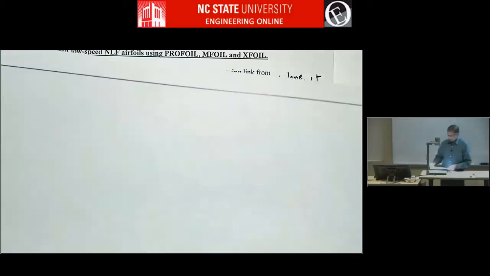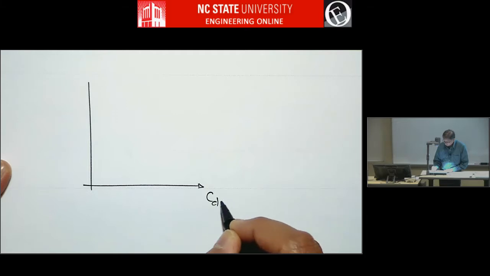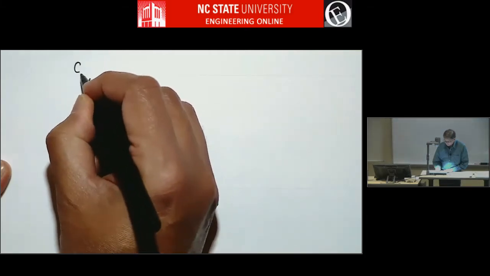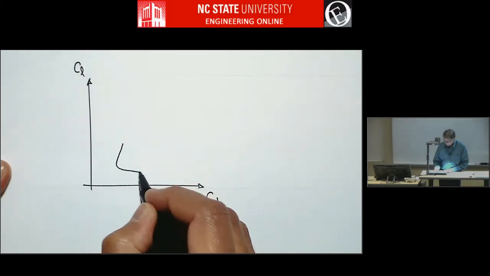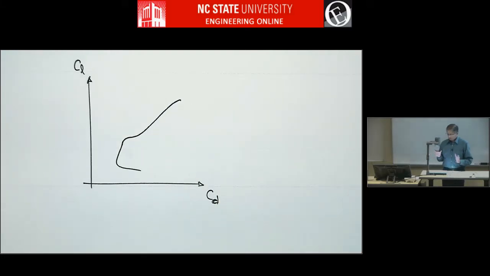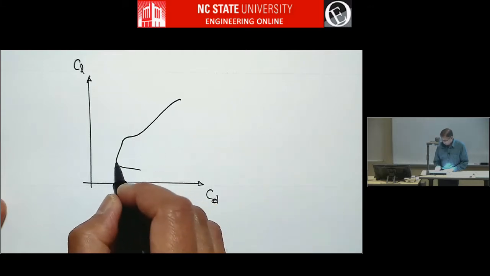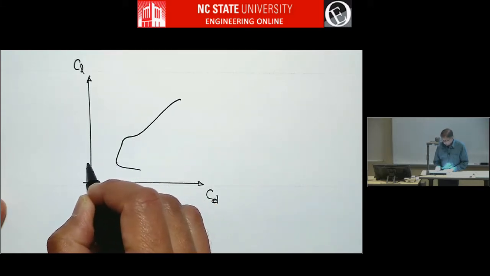Okay, so let me try to illustrate that in pictures. Your airfoil drag polar will look like this once you modify it a little bit and get it to some reasonable behavior. Let's call this the lower corner.